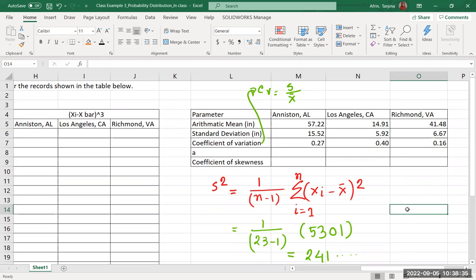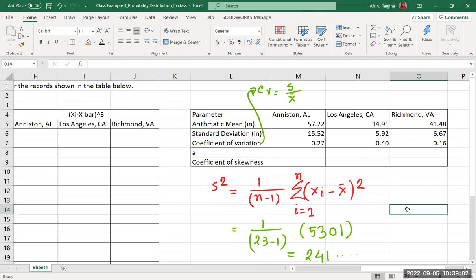Martha, you got the number? Anthony, you got all the numbers? Yeah, so this one is actually the ratio between standard deviation over mean. So basically you will divide row 6 by row 5.